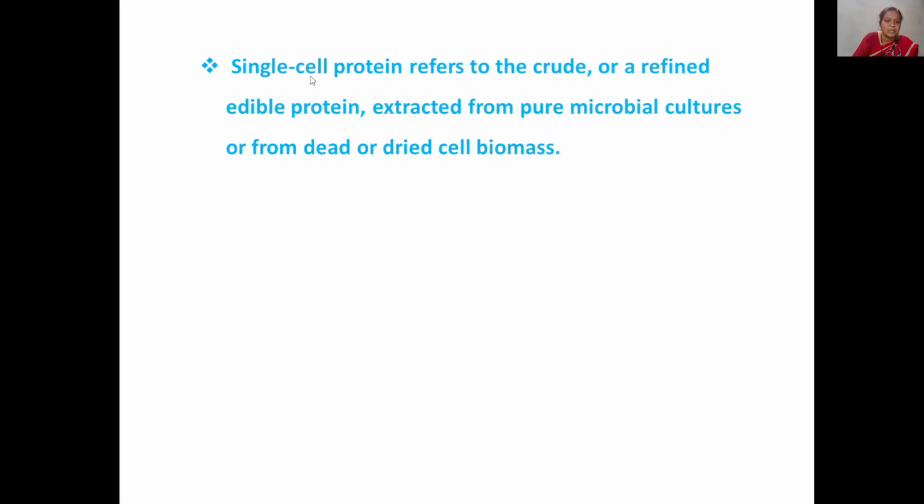Here, single cell protein refers to the crude or refined edible protein extracted from pure microbial cultures or from dead or dried cell biomass. SCP is also rich in vitamins, vitamin B complex, minerals, and fats.